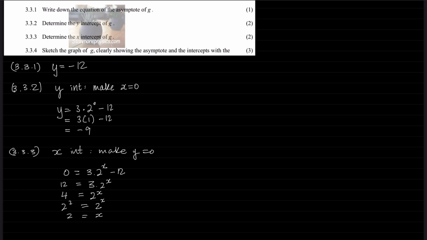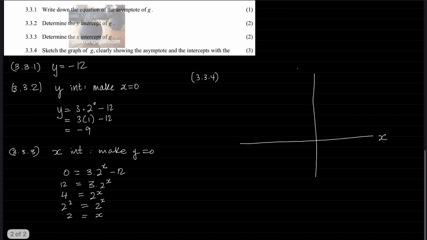Last question, sketch the graph of g. So 3.3.4. Let's understand here, we have our x and y axis, like so. We know that the asymptote is y is equal to -12. So -12 is here. The line cannot cross this. We know that the y-intercept is -9.